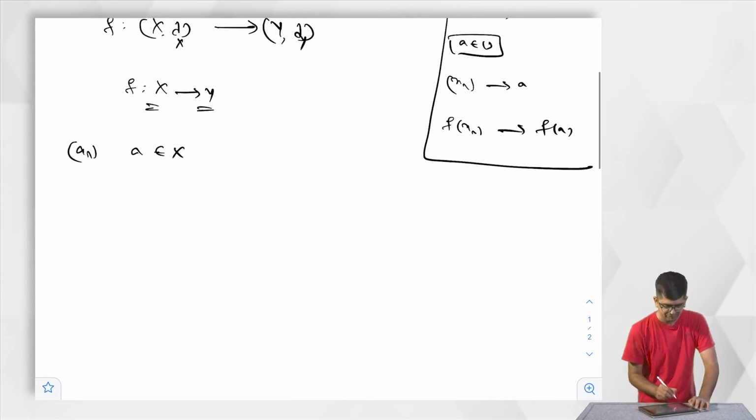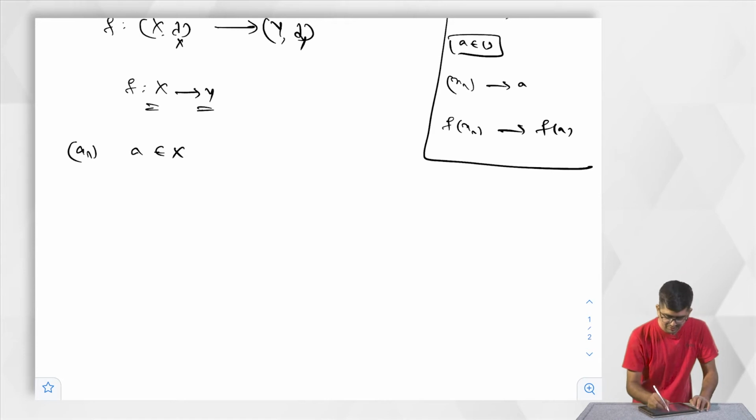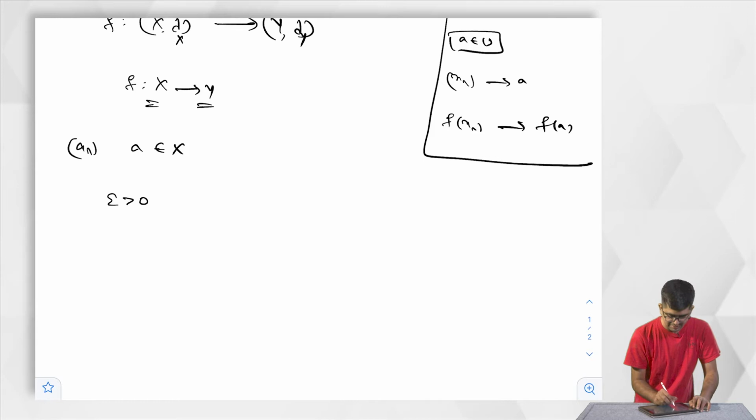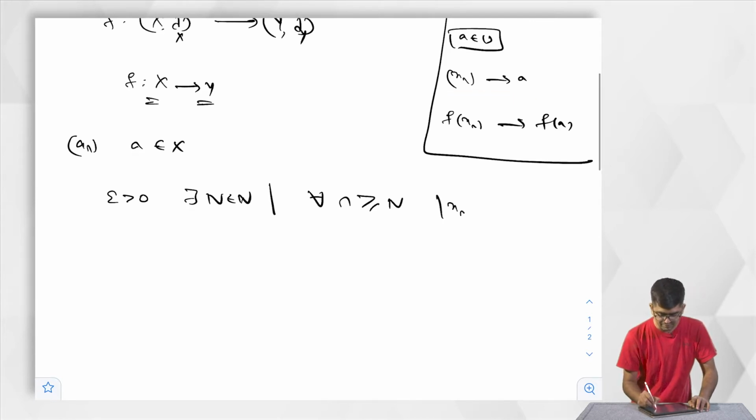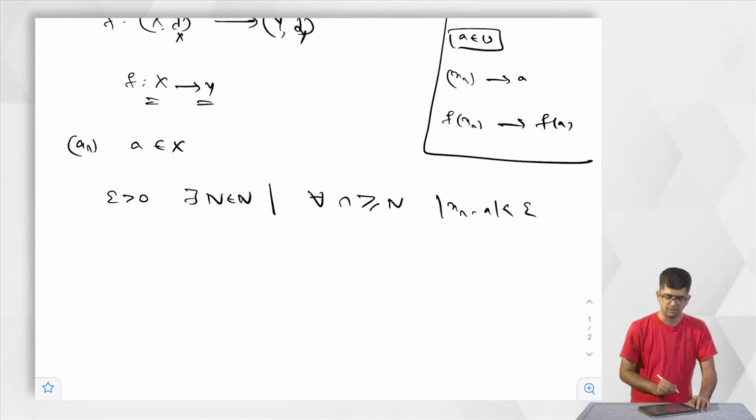What was the definition? Given epsilon positive, there is an N in the natural numbers such that for every n greater than or equal to N, we have modulus of x_n minus a less than epsilon.